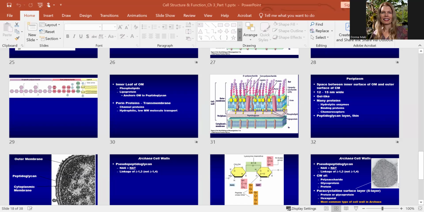Want us to know more about the chemicals of the endospore. So yeah, they do have some unique chemicals, right? They got the dipicolinic acid.